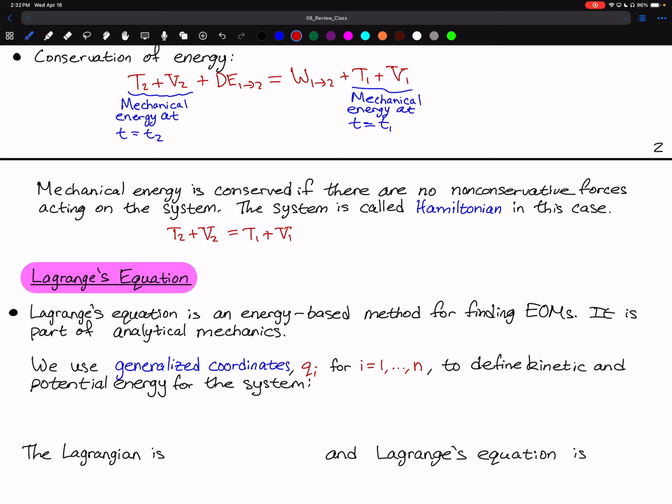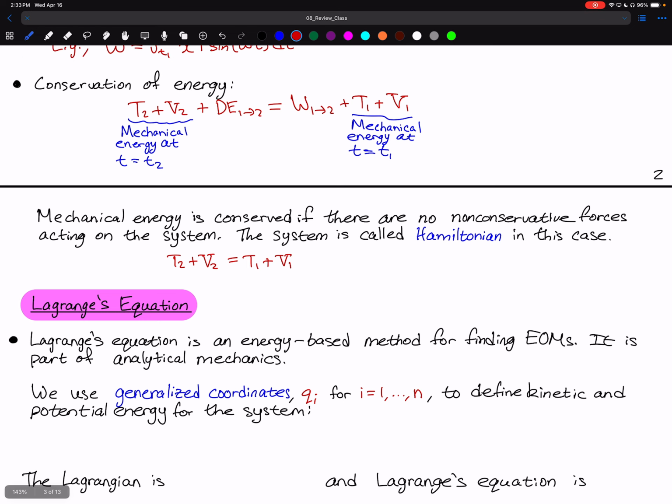So I misspoke there. Energy is always conserved, provided you incorporate all of the source, which is our work done by the external force, the loss terms from the dissipation, and the mechanical energy as well. That is always true. Mechanical energy is conserved if there are no non-conservative forces acting on the system.